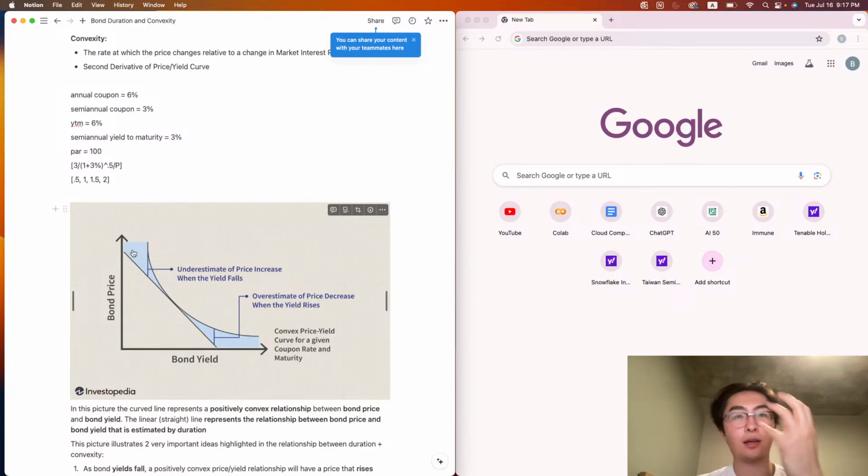So as an investor, I definitely would want a bond where I could get a higher price if yields fell, and on the flip side, a lower decrease when yields rise. You can think of this as the inverse relationship again between yields and price. But you'll see here that as bond yields rise, the actual bond price declines a lot faster than a convex bond price.